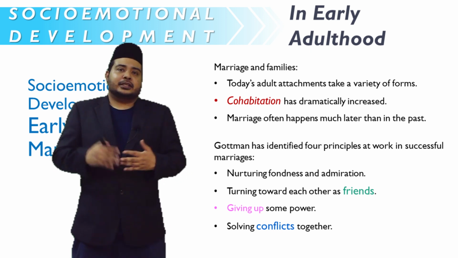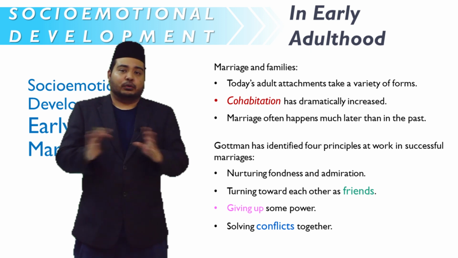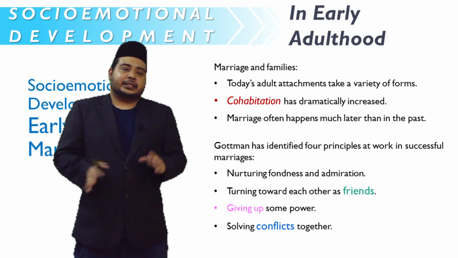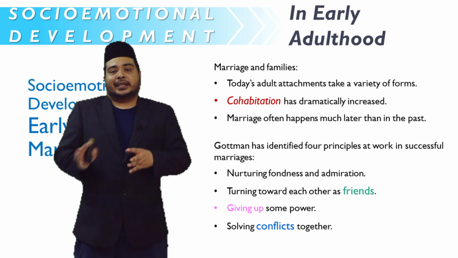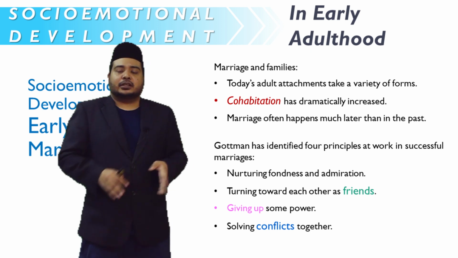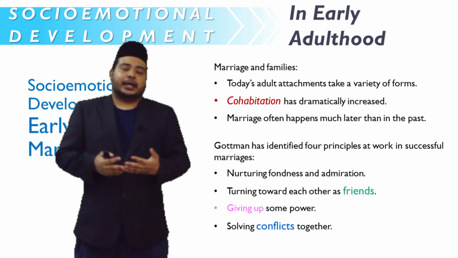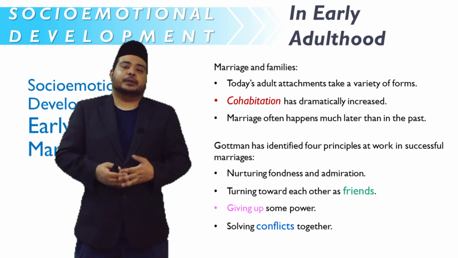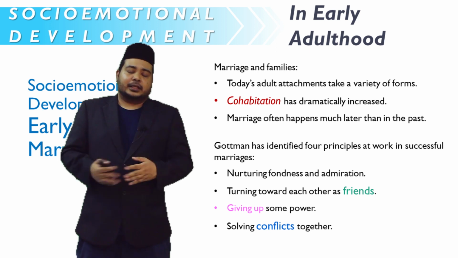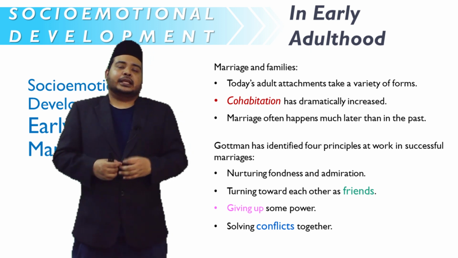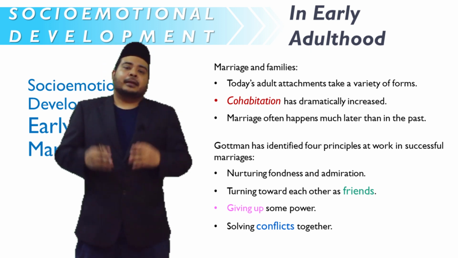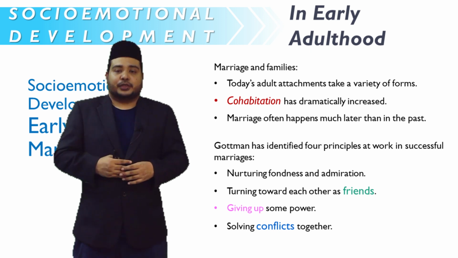It usually happens in either one or both: crisis in marriage as well as career crisis. Now let's focus on marriage. Nowadays a lot of couples have marriage problems. So this is basically a general guideline of Gottman, who said a successful marriage must have these four principles.